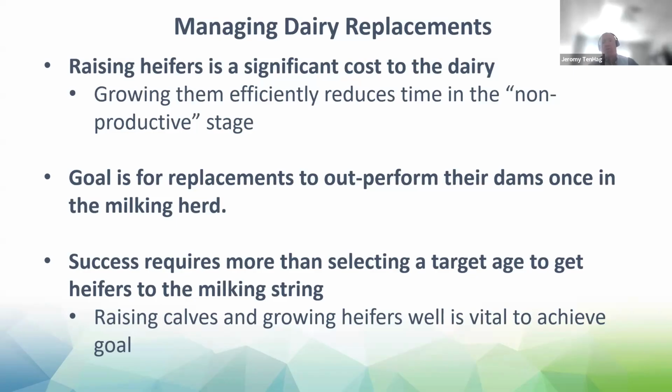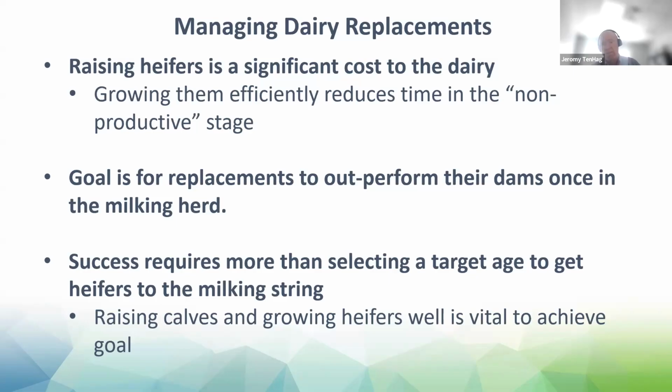One of the goals of managing replacements is to do it in a way so that they can outperform their dams once they get to the milking herd. But the ability to reach this goal requires more than just saying, hey, let's get heifers milking by 22, 23, 24 months of age, and we're going to be ready to roll on this, right? It's more than just that.